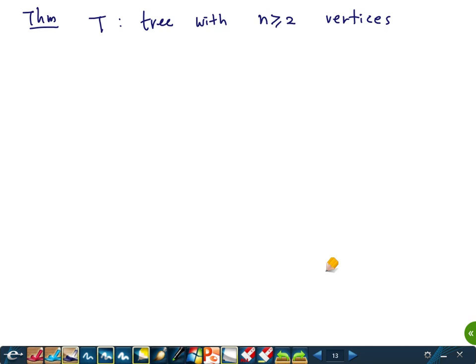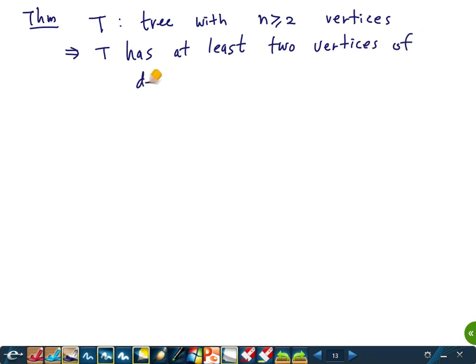Vertex set is just one vertex, no edges. That's also a tree. But we are not going to consider that in this theorem. Then this T has at least 2 vertices of degree 1.